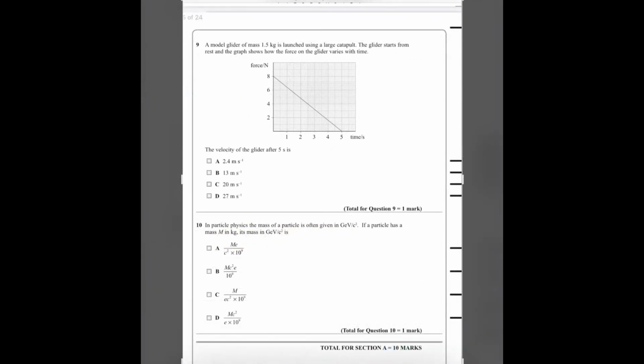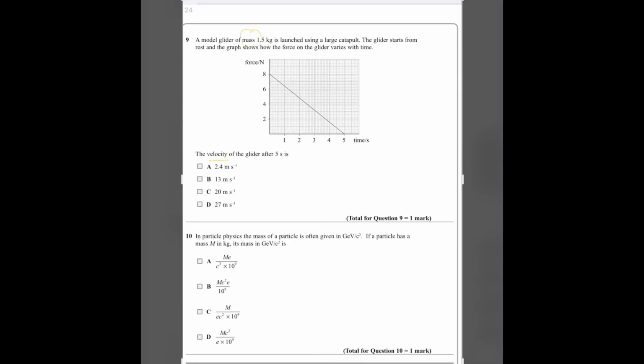A model glider of mass 1.5 kg is launched using a large catapult. The glider starts from rest and the graph shows how the force on the glider varies with time. The velocity of the glider after 5 seconds is, so we have to find the velocity. We have the mass, we have time, we have velocity. So linking these formulas, we can have F equals change in momentum by time. The change in momentum can be written as mv, by time.